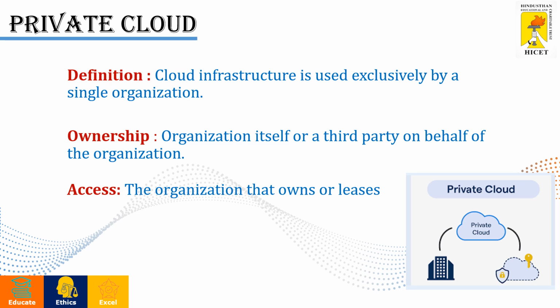Next, the ownership might be the organization itself or managed by another party. Only the organization that owns or rents it can use it. No outsiders can use the private cloud.